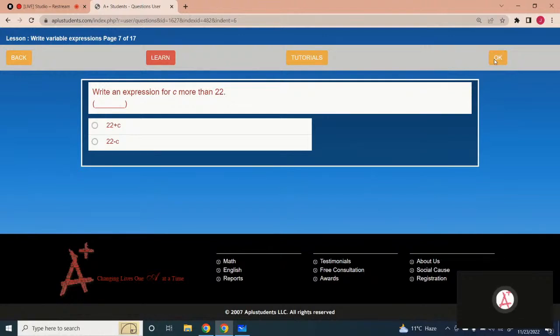So which option is the correct one? Yes, it would be 22 plus c. Just select the correct option and click on the OK button.